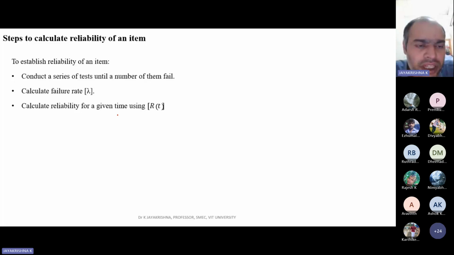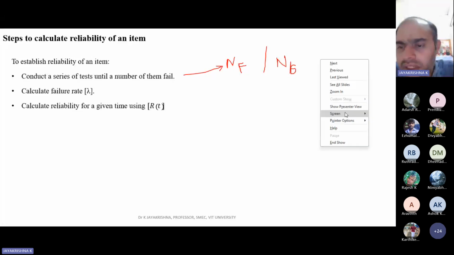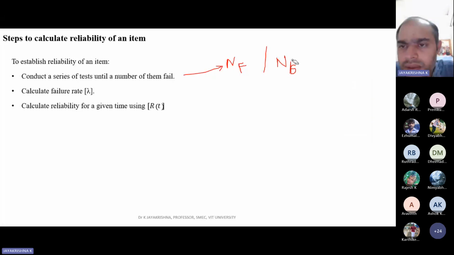Then we have to calculate the reliability. Why? Because when you run the reliability test, you'll know how many failures there are and how many are surviving. Correct?